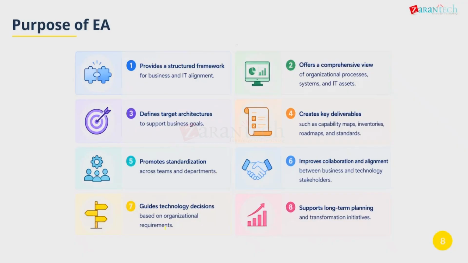Okay, so business and IT, as I was just telling you in the previous slide, are separate, but they work together in tandem. So when you integrate these two, it is not a one-time integration or one-time relationship that you establish between business and IT. Okay, you obviously have a structured framework, which means a consistent, repeatable way of connecting the two.